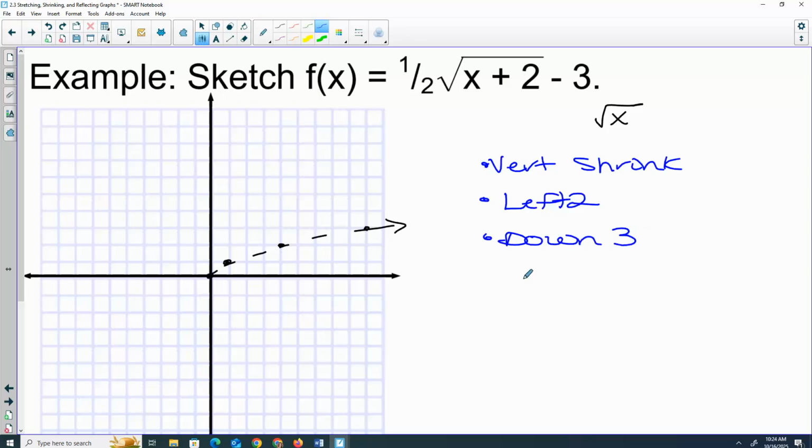So, if I'm at 0, and I shrink, it doesn't go anywhere, then left 2, down 3. Okay, here my y value is a half. If I shrink, or is 1. When I shrink it, it goes to 1/2. And we go left 2, down 3.